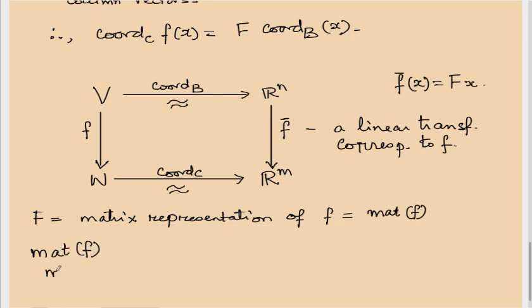It is an M cross N matrix, which is dimension of the codomain cross the dimension of the domain. Since it corresponds to the basis B, I'll write MAT B to C of F.